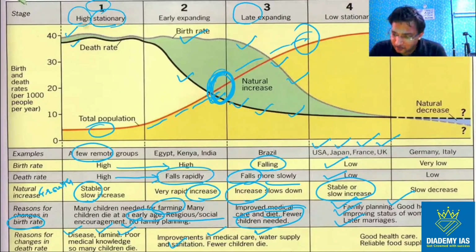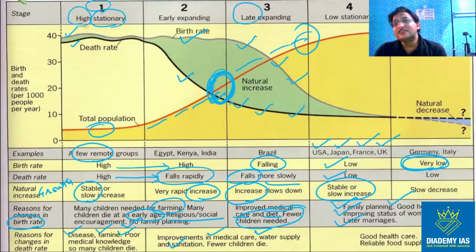And after this, in the next stage, the birth rate becomes further low, right? In this case, the birth of new children decreases, but the ratio of old persons increases, right?